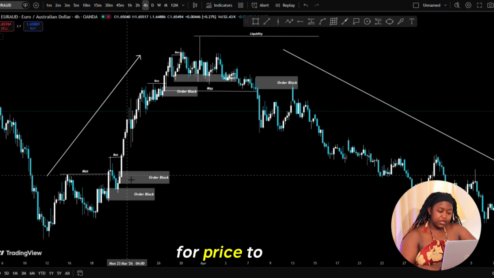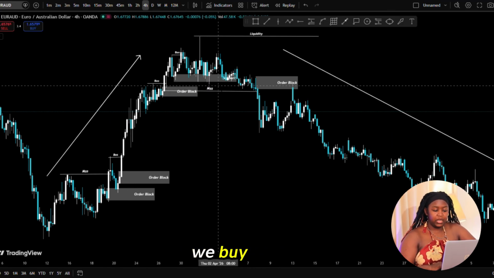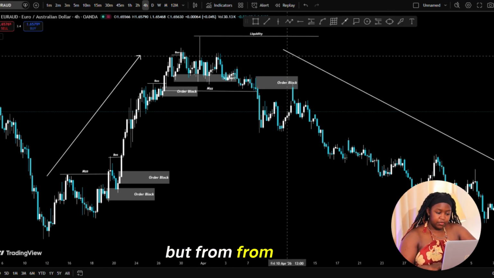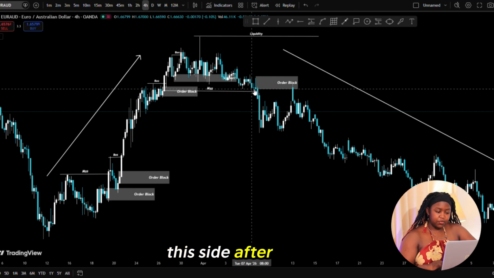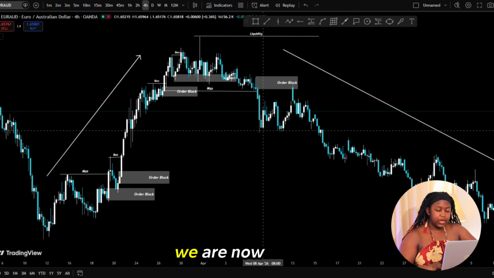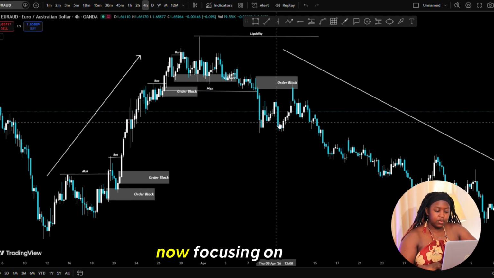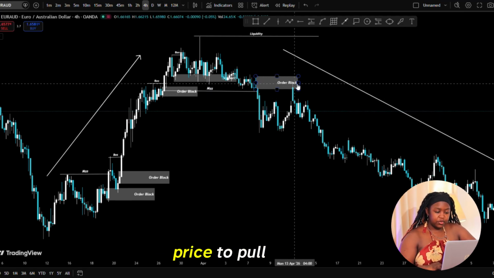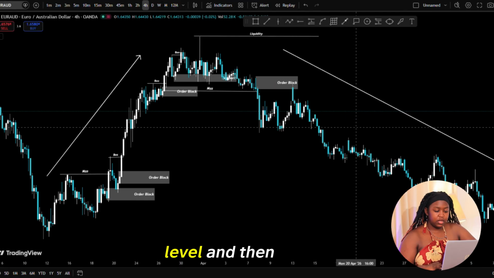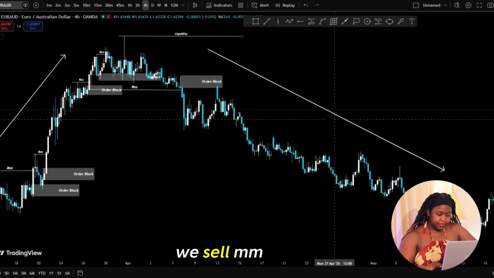We were waiting for price to retrace to key levels and then we buy. But from this side, after we identified a market shift, we are now selling. We are now focusing on sales. We wait for price to pull back to a key level and then we sell.